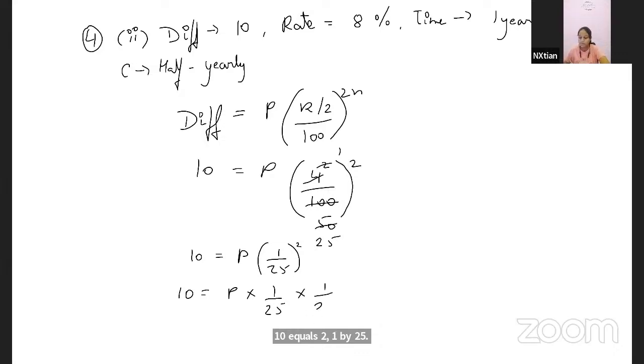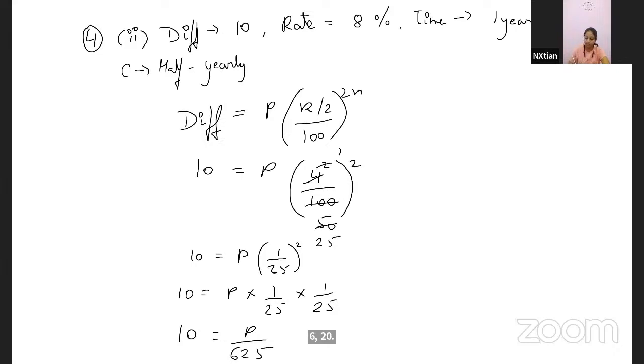Now you can open up: 10 equals P into 1 by 25 into 1 by 25. 25 into 25 is how much? 625. P into 1 is P. So it becomes 10 equals P upon 625.